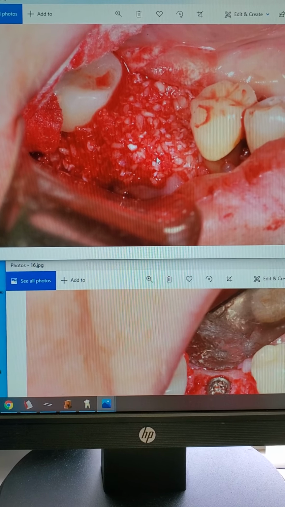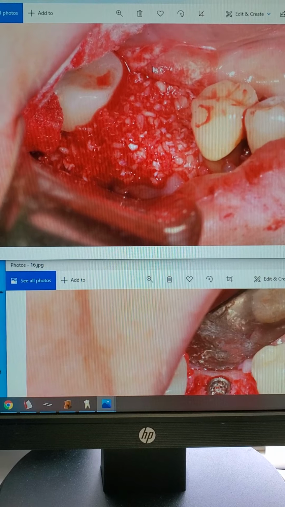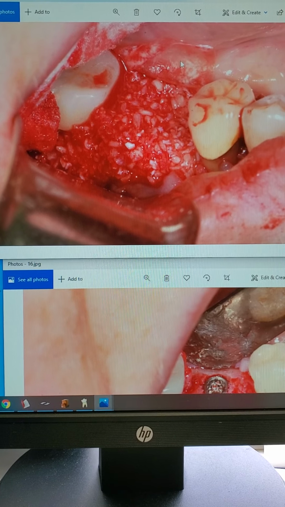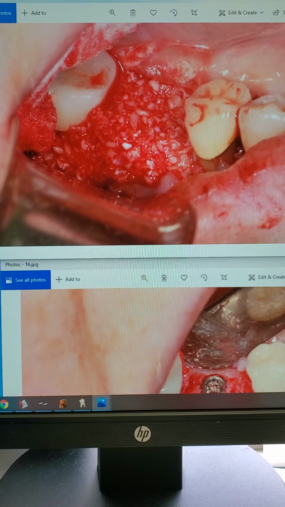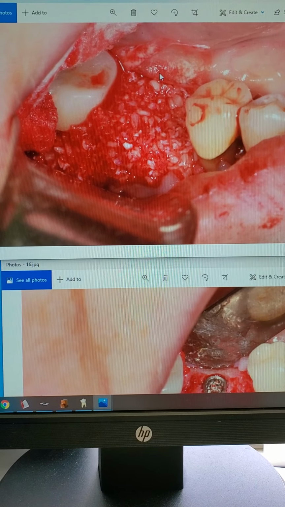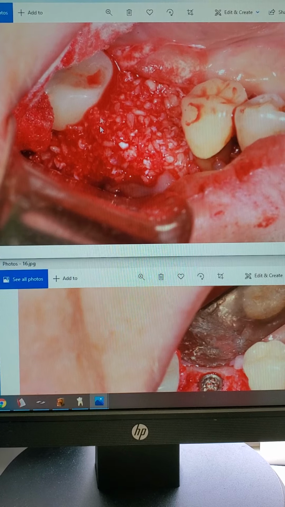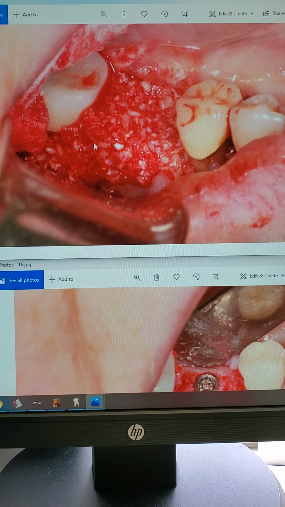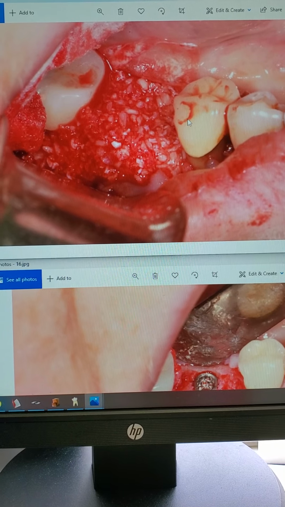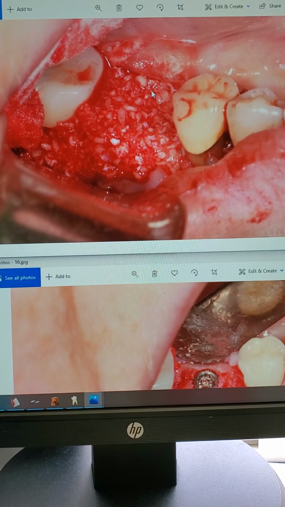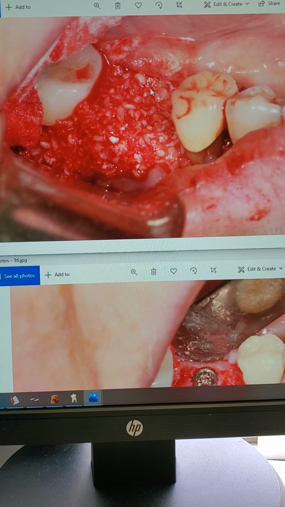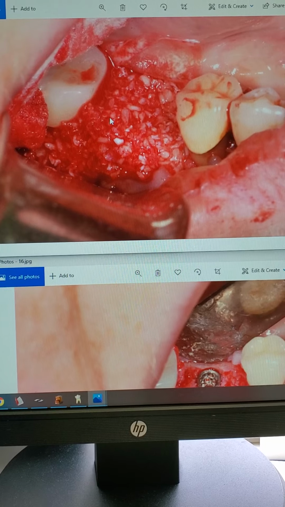Once it's done, then we cover it up with the resorbable membrane. This is the first layer, and I will put a second layer of resorbable membrane on top of it. But notice one thing, the shape even right now, rather than being completely round, it's more rectangular. Okay, if you can see it. Why? It's because it is a crazy amount of bone. There is so much bone, it's amazing.